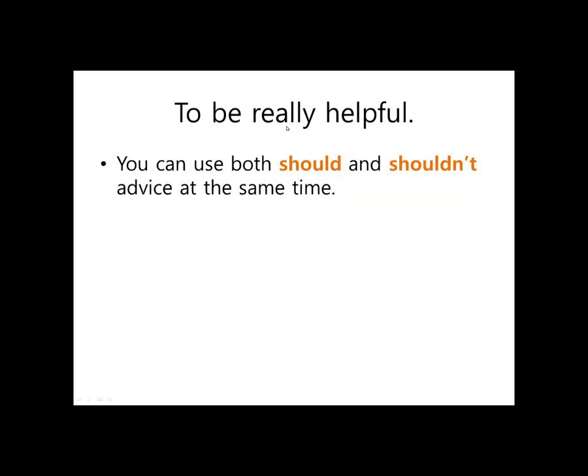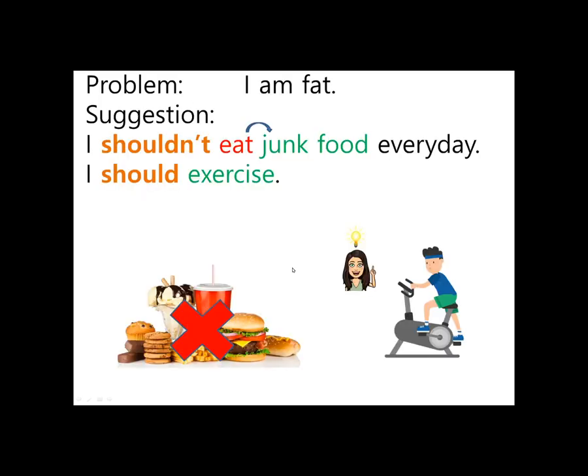Okay, to be really helpful, you can use both should and shouldn't advice at the same time. We will practice and look at some sentences using should and shouldn't together so you can see how they are contrasted. Okay, so problem, I am fat.